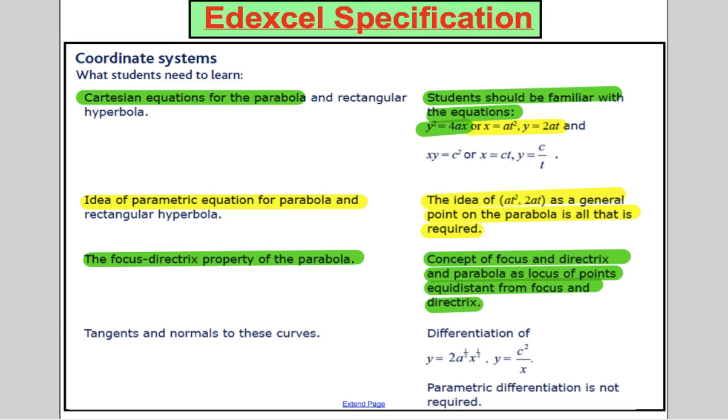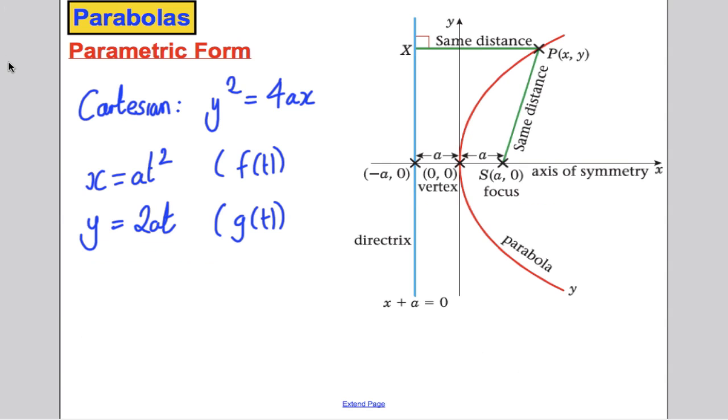And going back to our scheme of work, the idea of a parametric equation for a parabola, i.e. it has x equal to at² and y is 2at, that's all you need. Now, the key thing with this is any point on the parabola, say any point, has the coordinates (x, y).